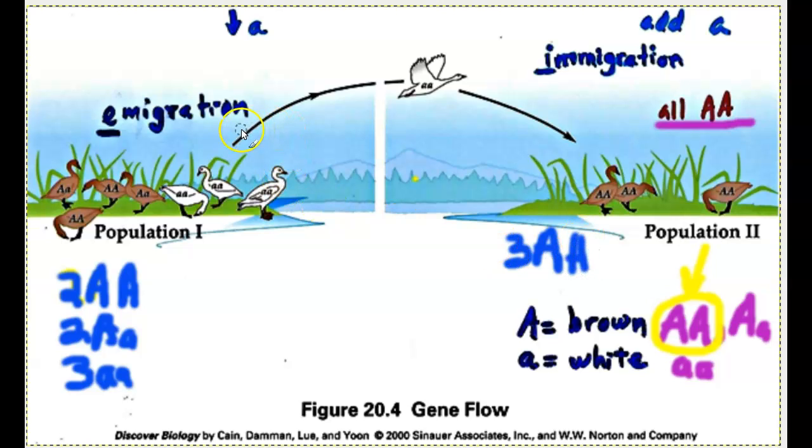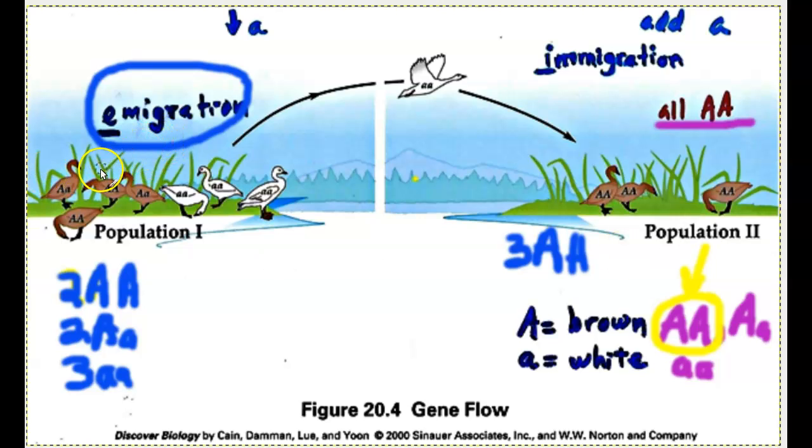And now what's coming over? Look over here. This one's leaving. It's exiting this population and it's going to this one. Notice what it's taking with it: 2 alleles, 2 recessive alleles. This one over here has no little a's, no recessive alleles.